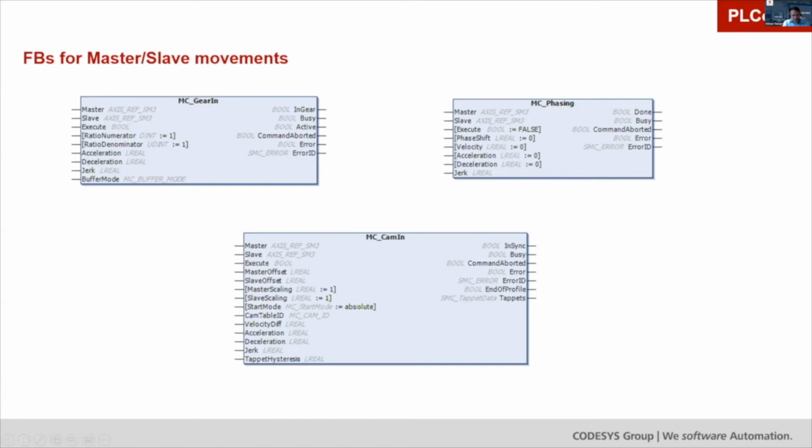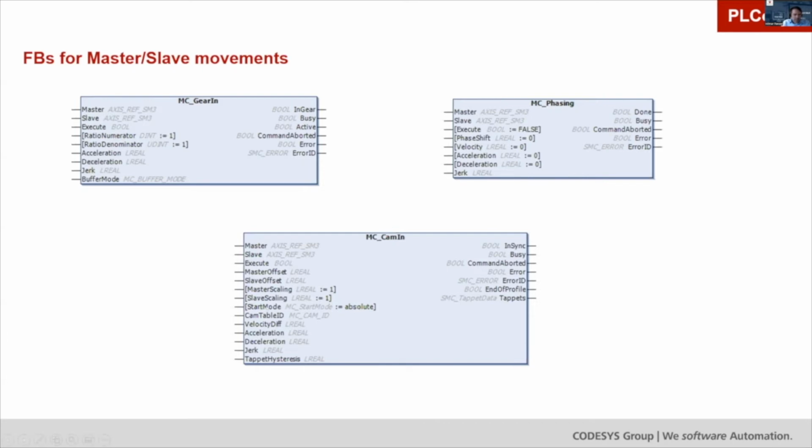You know that cam tables are used often in packaging applications, labeling, cutting, and so on, where again you have a master-slave relation, but it's not like here with the GearIn, where you have a very linear relation between those two, but where you have a more flexible one, where you want to define the function between the position of the slave and the master with more points and more complex segments. And this function block helps you to realize this.